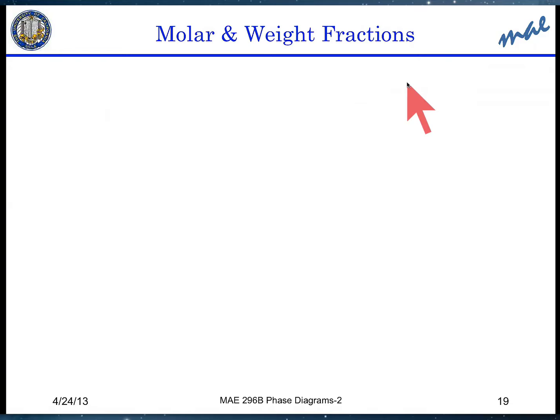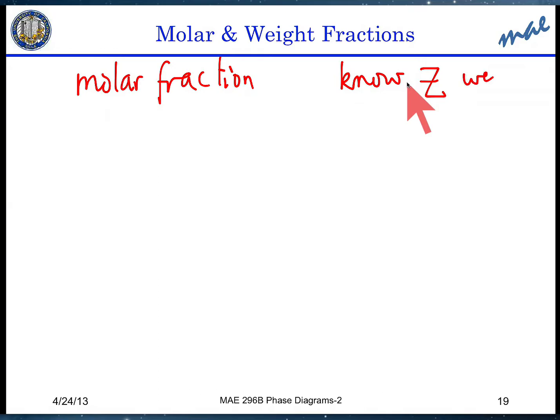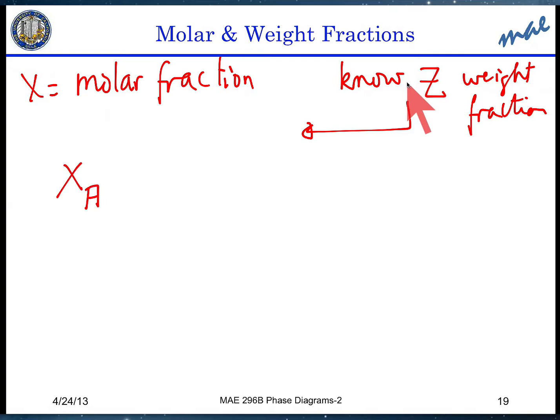So let's say we have a molar fraction that we want to find, and we know the weight fraction. So we know Z is a weight fraction, and we want X, which is a molar fraction. So we want to go this way from Z to X. Let's say we have an alloy that has A and B. So X sub A would be the number of moles of A divided by the sum.